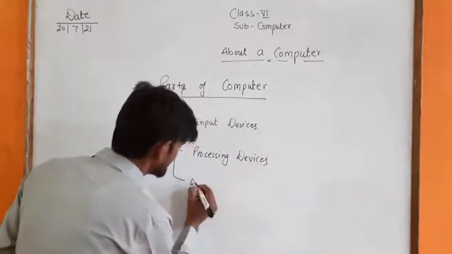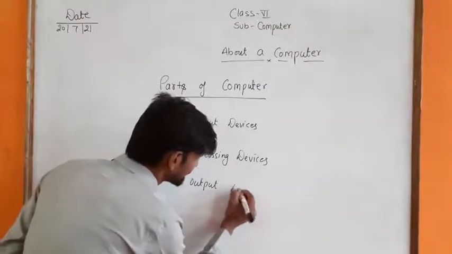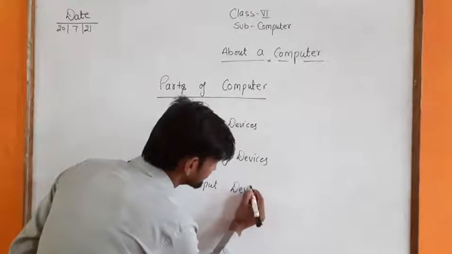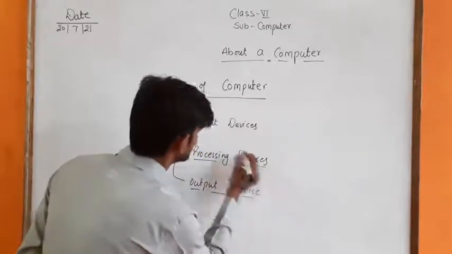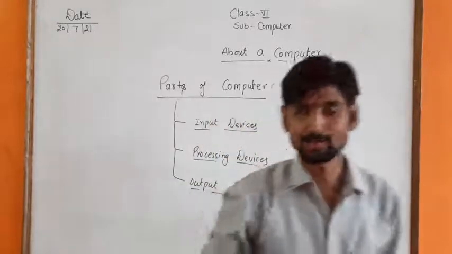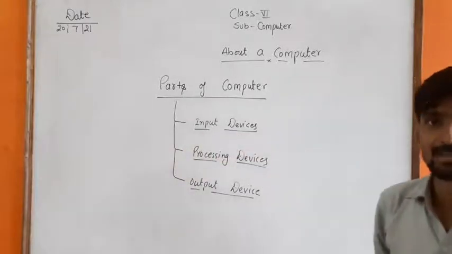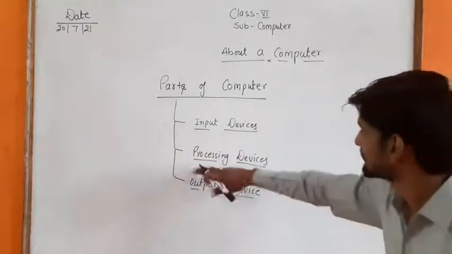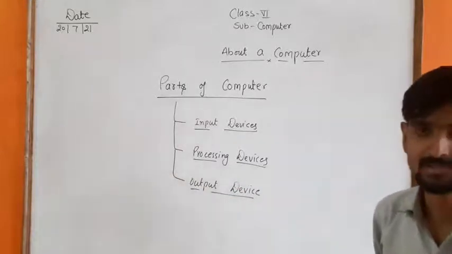And the third one is the output devices. It's clear by the name what is the function of the input devices, what is the function of the processing devices, and what is the function of the output devices.